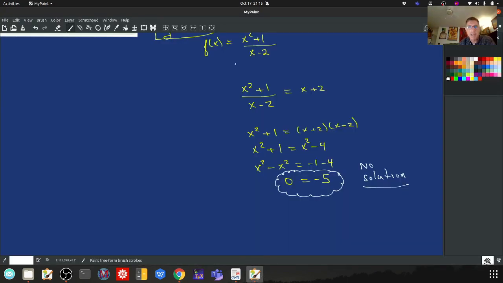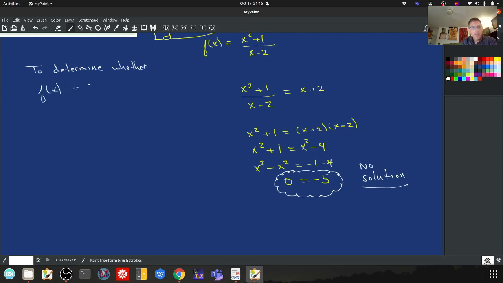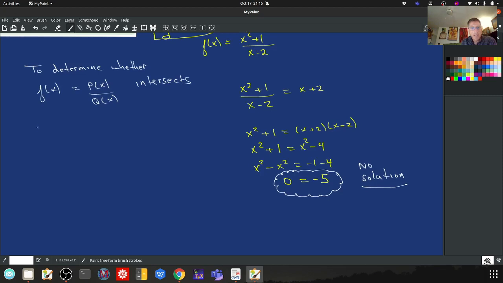So let me just write it down in case you're taking notes. To determine whether f of x is equal to, and it's going to be a rational function, so by definition it's p of x over q of x, intersects, that means crosses, any non-vertical asymptote, because we already know that it never crosses the vertical ones.